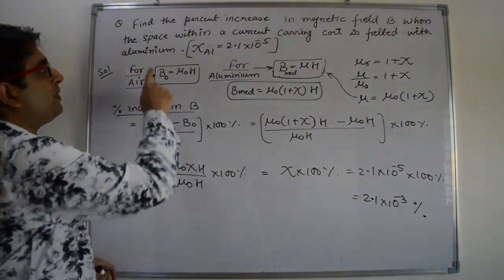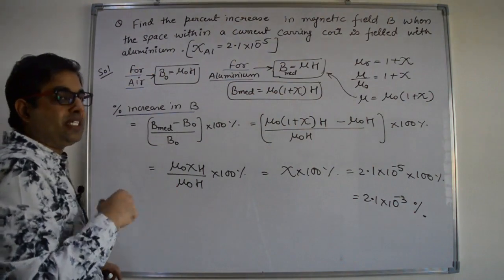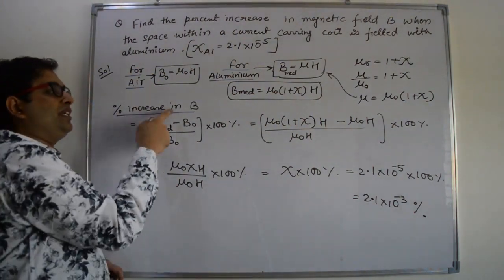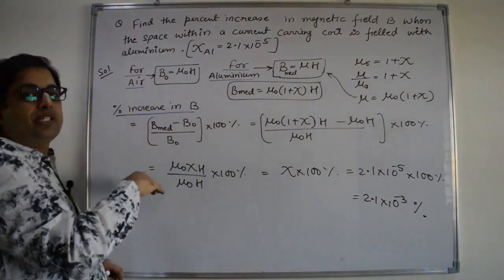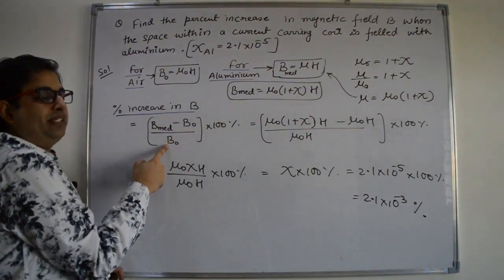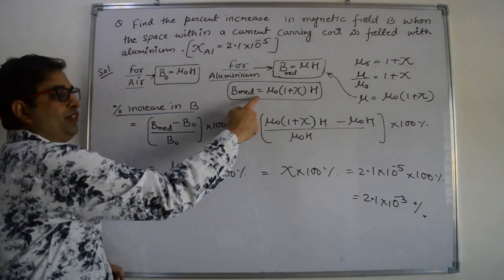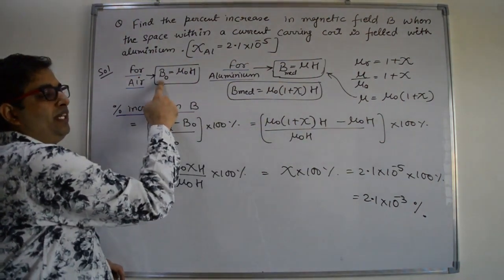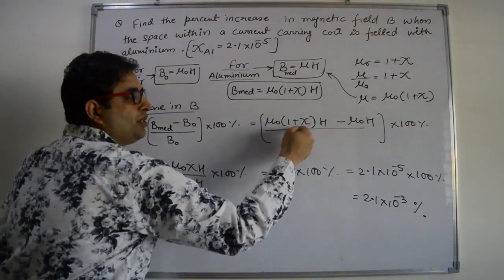Now the question is percentage change, percentage increase. What is percentage increase? It's change divided by original into 100%. Change is final minus initial, divided by initial. Final is this, put the value here. Initial magnetic field is mu naught into H. Solve it.